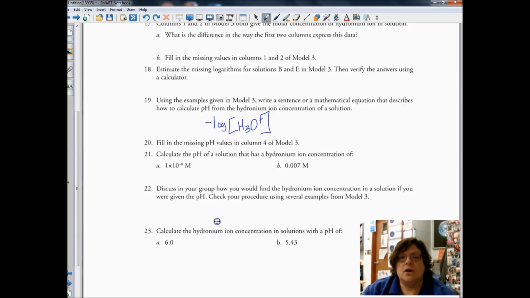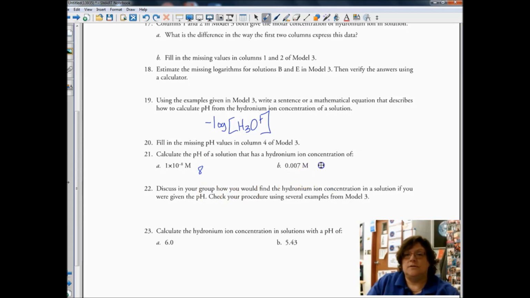Calculate the pH of a solution that has a hydronium concentration of 1 times 10 to the negative 8. Alright, so if I put into my calculator log 1 EE negative 8, I get negative 8. pH would be the negative of that, so it would be a pH of 8.